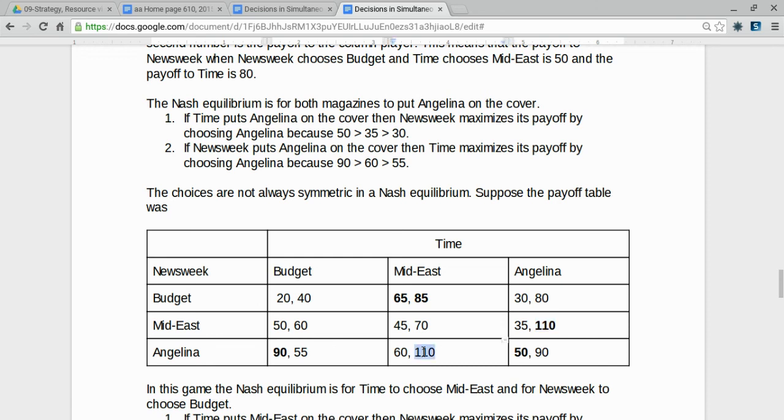And finally, if Newsweek chooses Angelina, Time would like to choose Mideast, because 110 is the highest payoff in the Angelina row. We look around, and we see the only spot where we've got two payoffs highlighted is 65, 85. The Nash equilibrium is for Newsweek to choose Budget and for Time to choose Mideast.